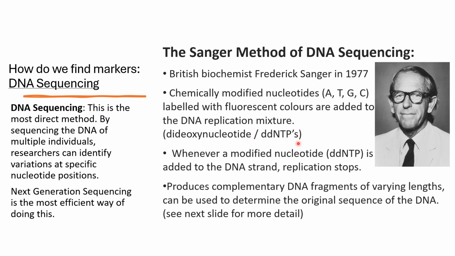So what you need to know is that they shine when you shine a laser on them, give off light, and then the other really, really important thing is when they bind, in other words, when DNA polymerase puts them in the chain that is your DNA sequence, the whole process stops, because DNA polymerase cannot add another nucleotide after a di-deoxynucleotide. Okay, and this process then develops complementary DNA fragments of varying lengths.